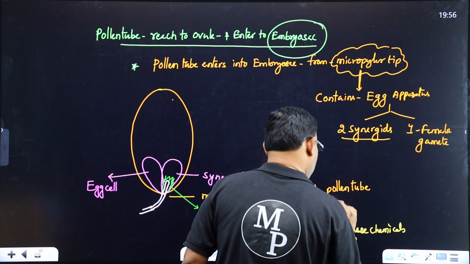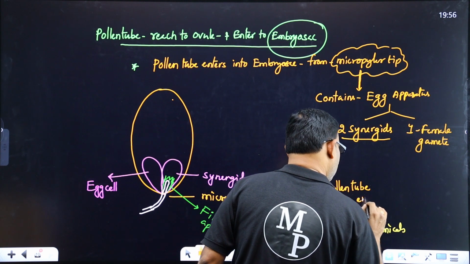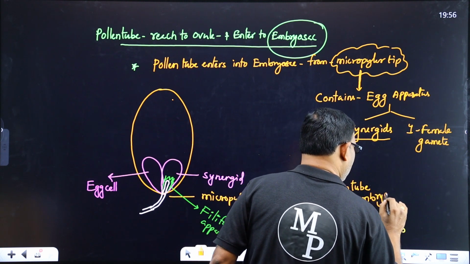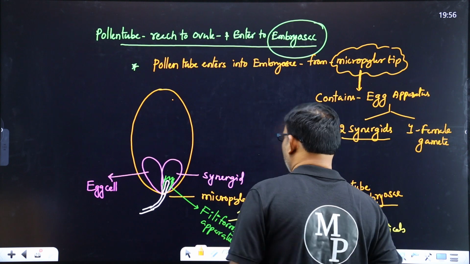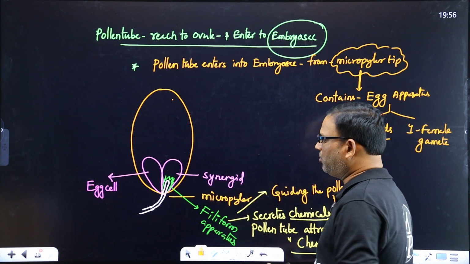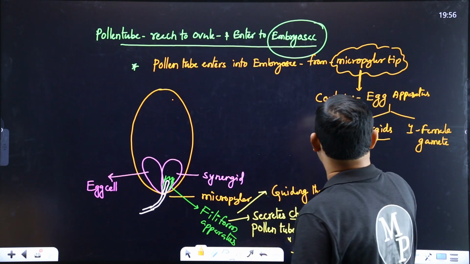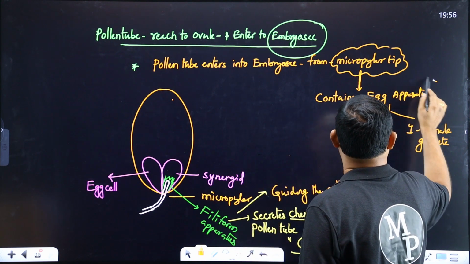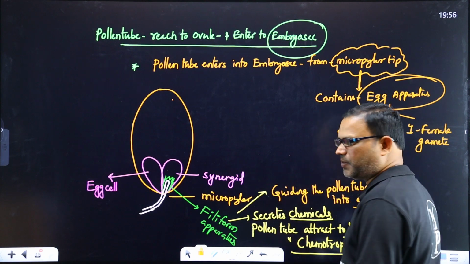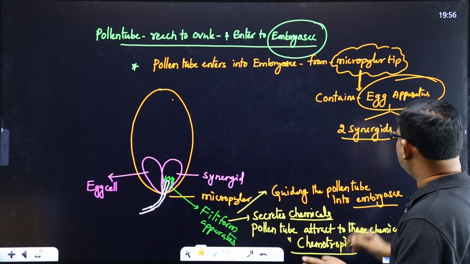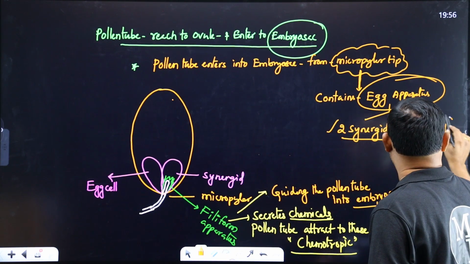So why does the pollen tube always enter the embryo sac through the micropylar region? Because at the micropylar region, one egg apparatus is present. The egg apparatus consists of two synergids and one female gamete.